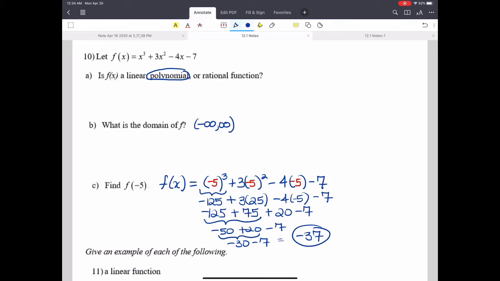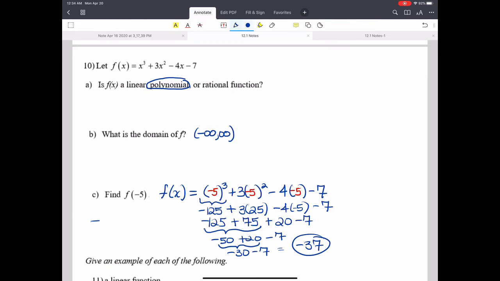So there it is. The function of -5 is going to be -37.